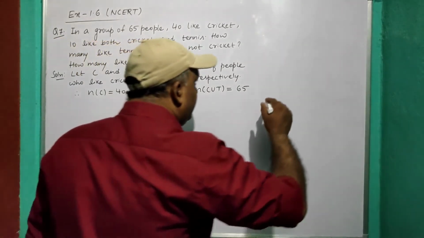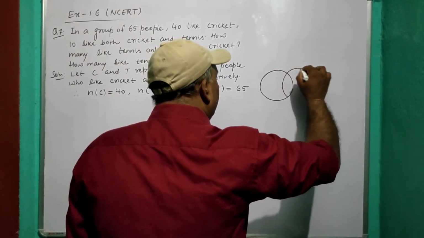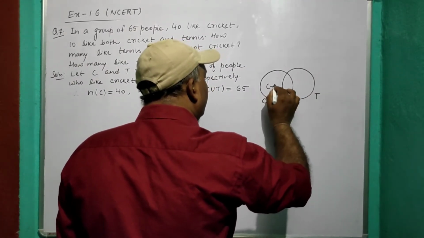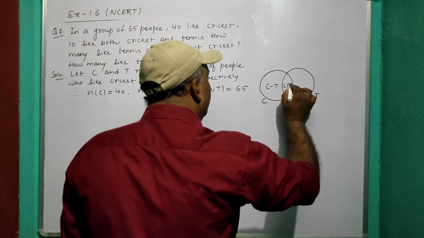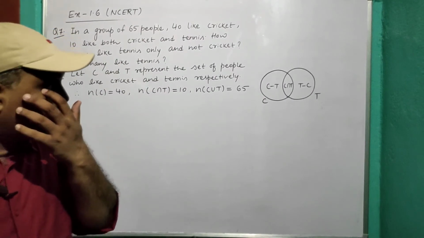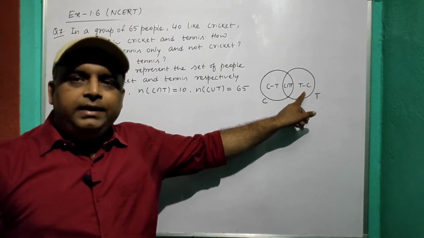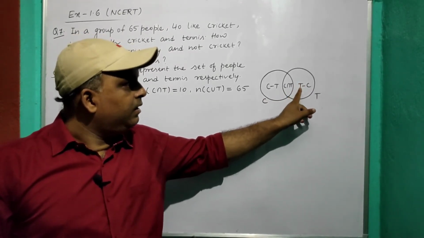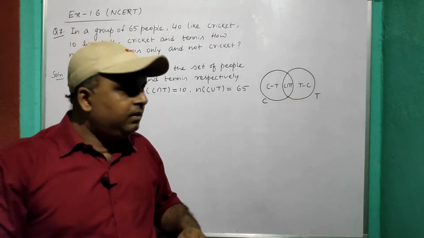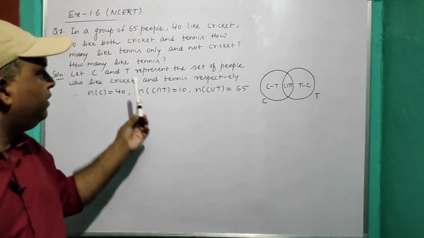Now what is the meaning of how many like tennis only and not cricket, and how many like tennis? Now let us see from the Venn diagram. You can see from the Venn diagram that this part T minus C represents only those people who like tennis but not cricket. This complete circle represents the number of people who like tennis.